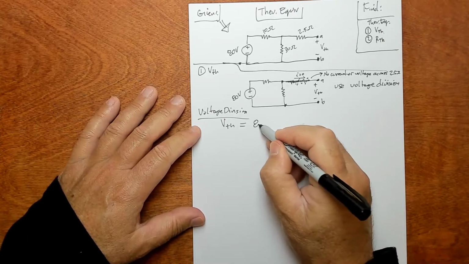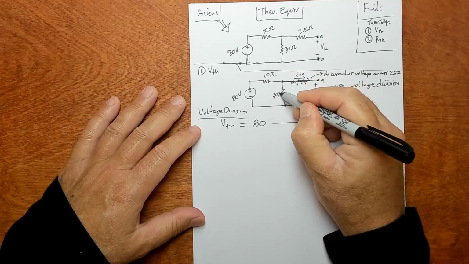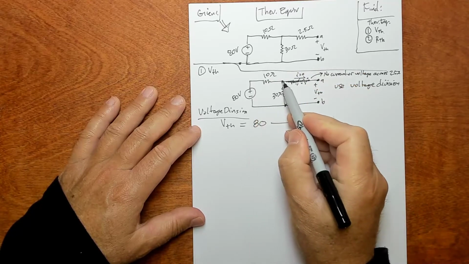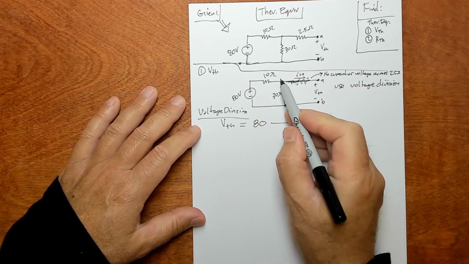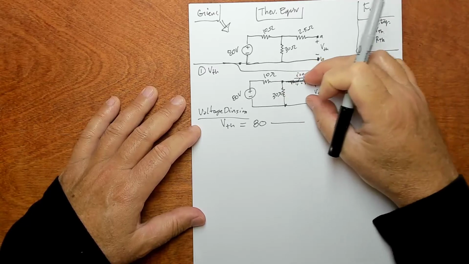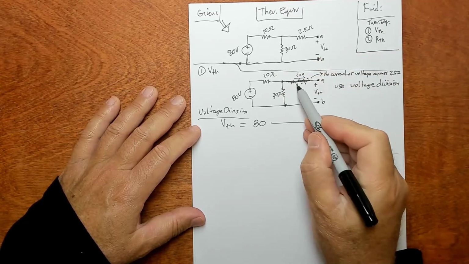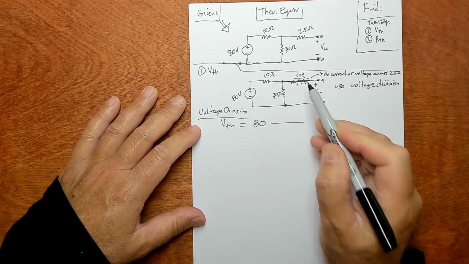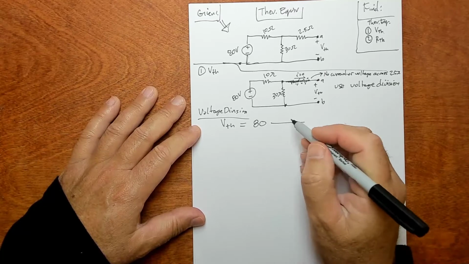This 80 volts is being divided across the 10 ohm and the 30 ohm. Some is dropped across here and some across here. And the drop across the 30 ohm is the same voltage you'll see at AB, because there's no current in the 2.5 ohm resistor, so no voltage drop across it. That's the whole problem in a nutshell.